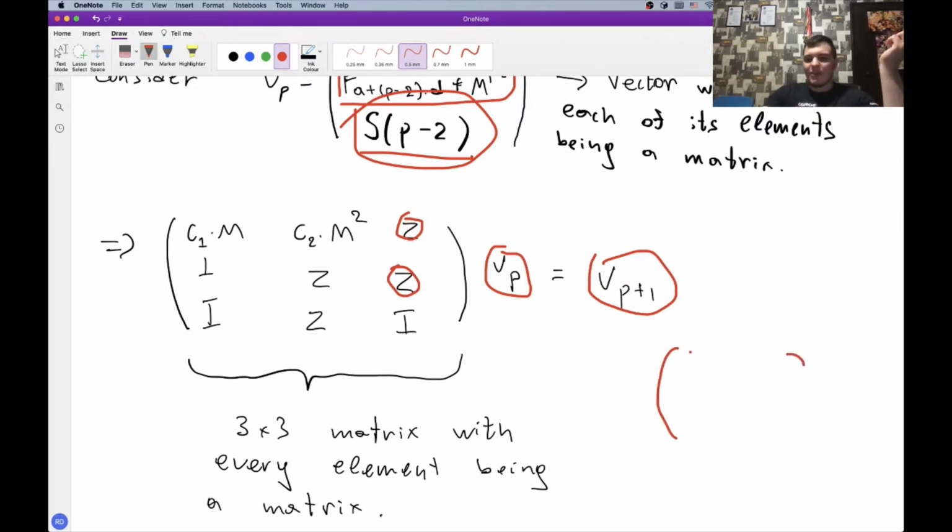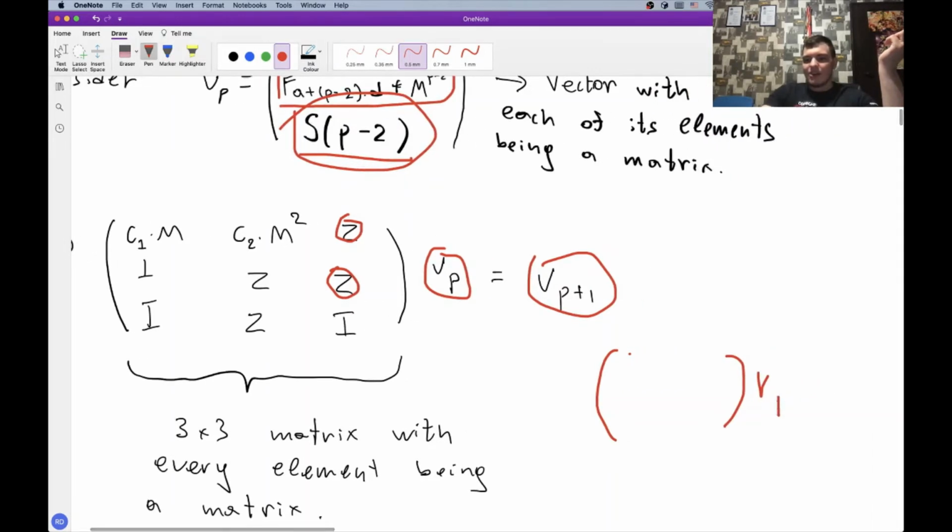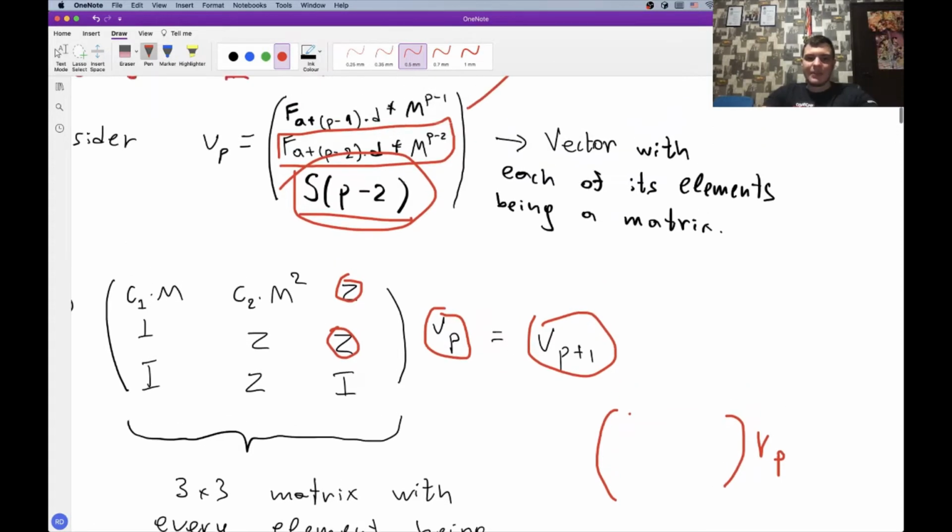In a way, when you want to get V of P plus 1, the second element of V of P plus 1 should be the first one of V of P. So this Fibonacci number multiplied by M to the P minus 1 will just be this Fibonacci number multiplied by M to the P minus 2 for the next position.